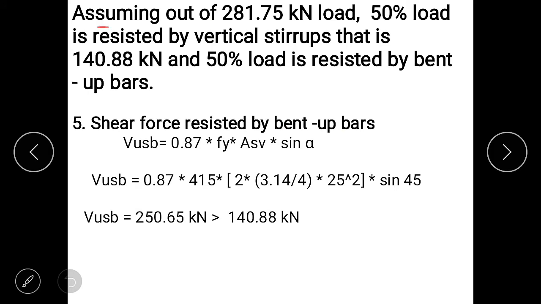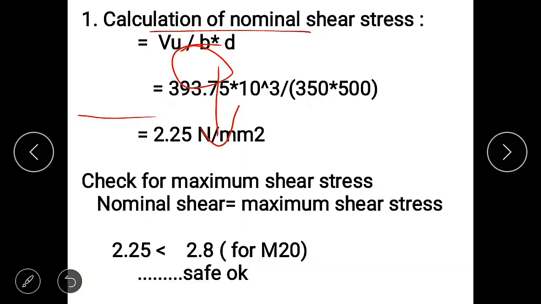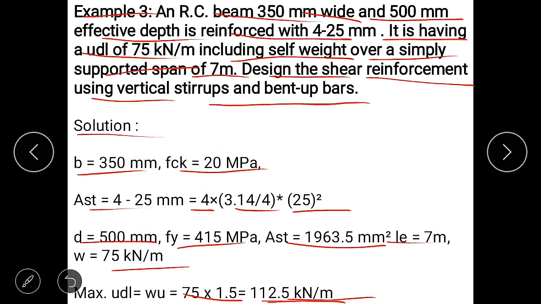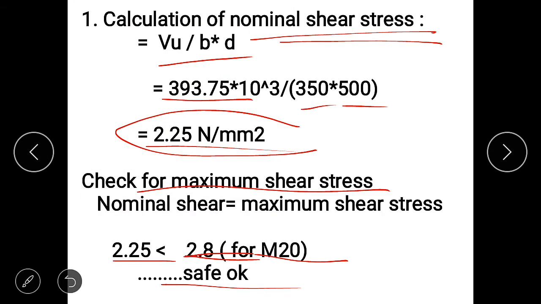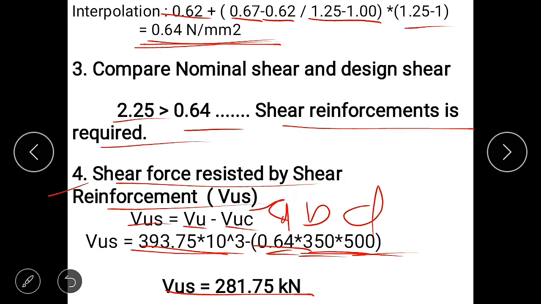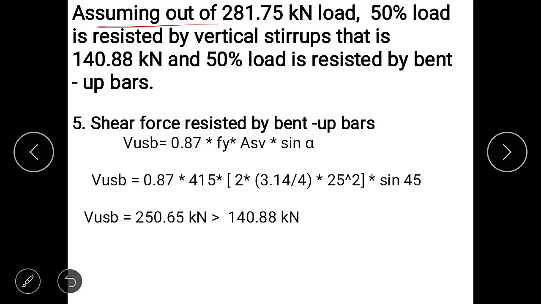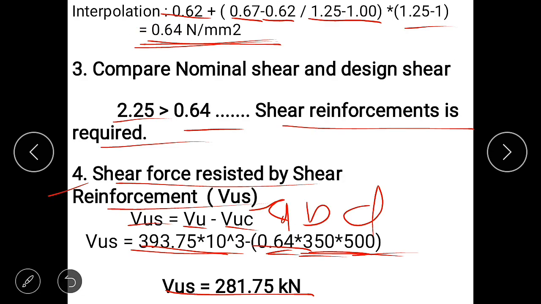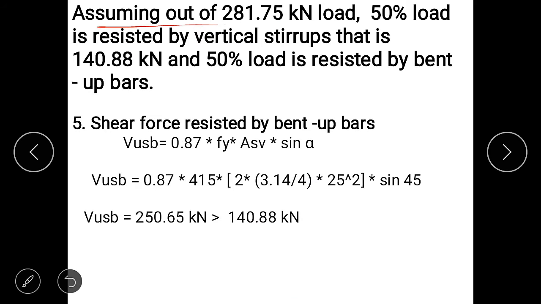Assume in this numerical we are asked to design shear reinforcement using vertical stirrups and bent up bars. Both we have to use here, bent up bars and vertical stirrups. So we divide this load 50-50. Our total load is 281.75.